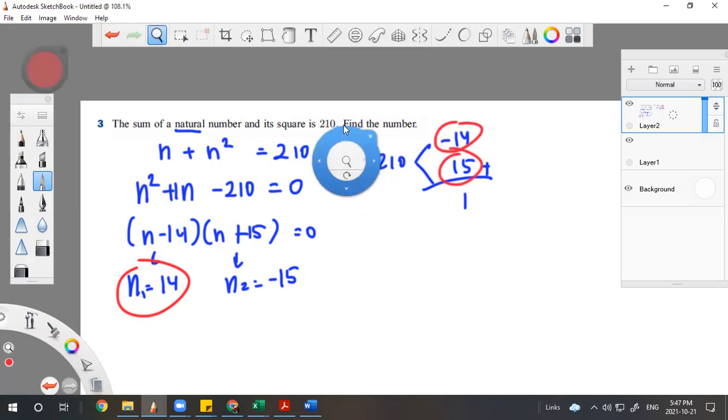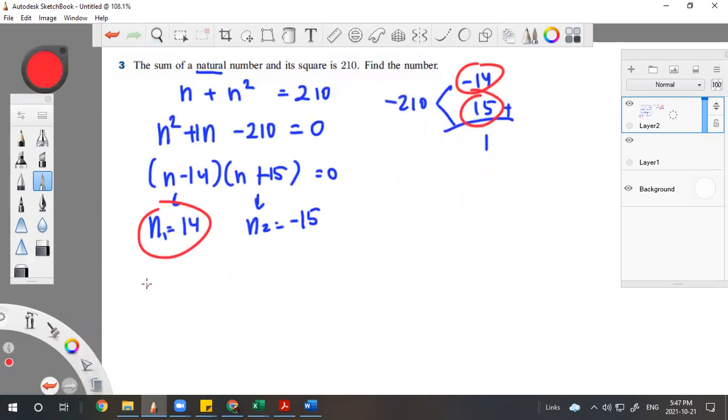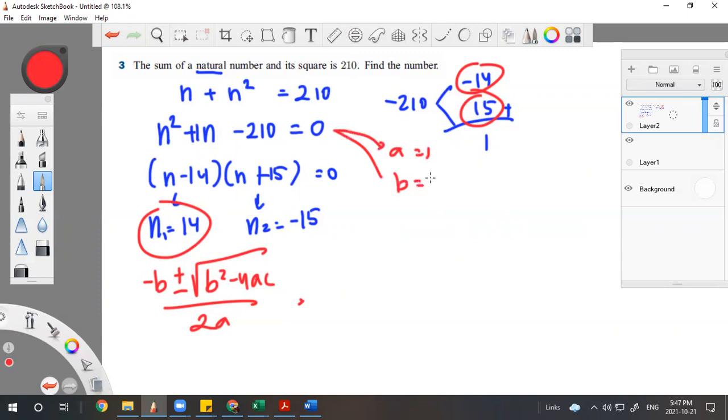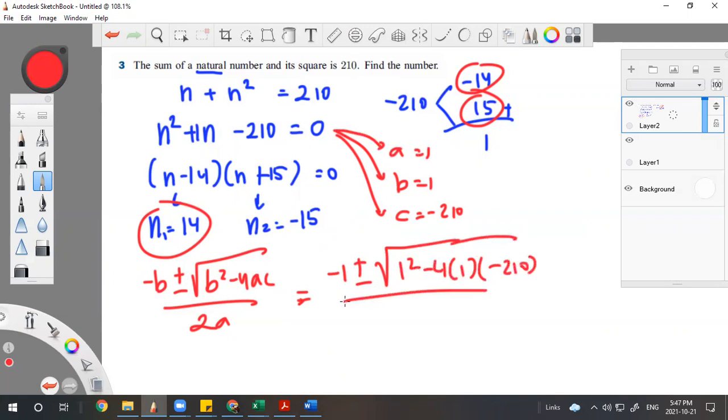I have another idea. Use ABC, right? With a equals 1, b equals 1, c equals negative 210, right? So negative b plus minus the square root of 1 square minus 4 times 1 times negative 210, over 2a, right?